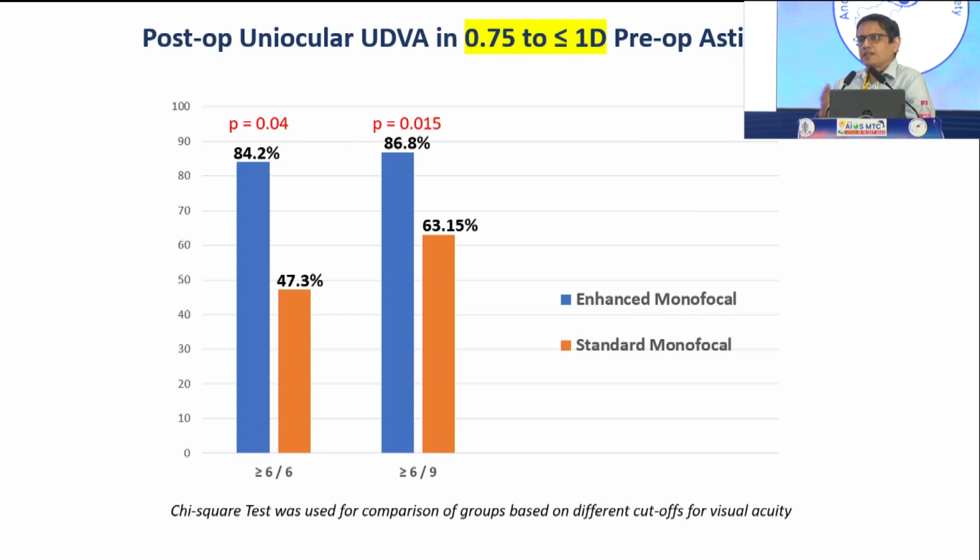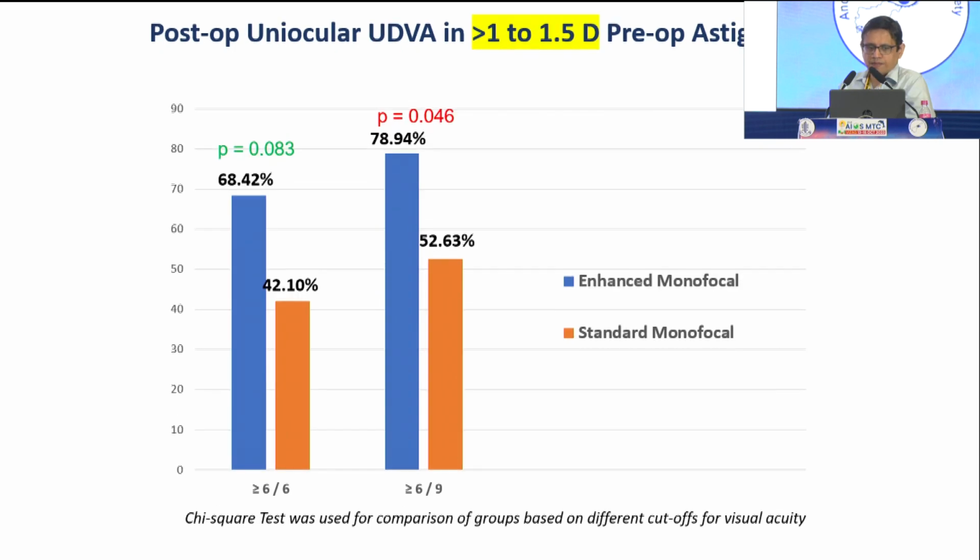Then we separated the groups further into two subgroups. The first group was only up to 1 diopter of astigmatism, and the second was 1 to 1.5 diopters. Here we found that almost 85% of the patients implanted with an enhanced monofocal lens had 6/6 or better vision, whereas only about half of the patients with a standard monofocal lens had 6/6 or better vision.